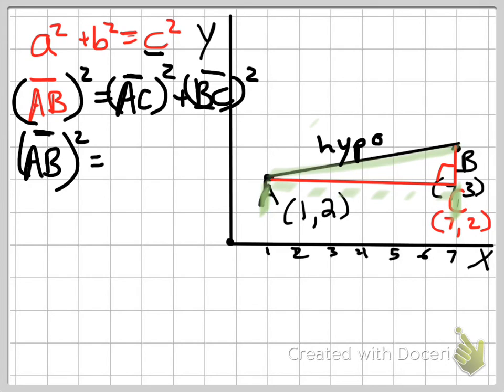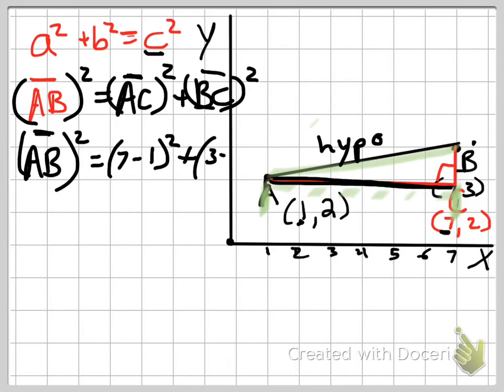AC is a horizontal line, so I can look at the x values. So I do 7 minus 1, my x values for C and A, plus BC. I can look at the y values. B is at 3 for my y value, and C is at 2 for my y value.